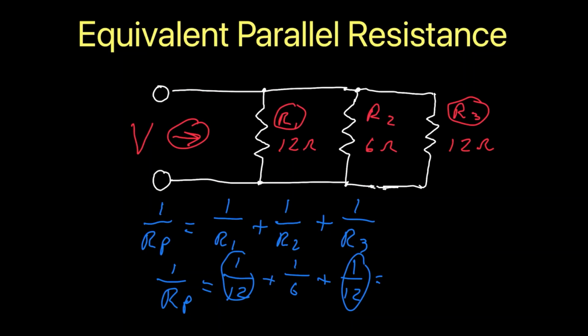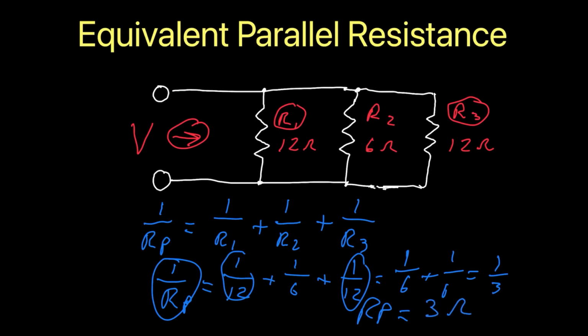That's 2 divided by 12, which is 1/6. So you've got 1/6 plus 1/6. And that's equal to 1/3. The reciprocal of 1/3, because this is a reciprocal, is equal to, so you have Rp is equal to 3 ohms. So that would be the equivalent resistance of this circuit. So that's how you would do that if you have 3.